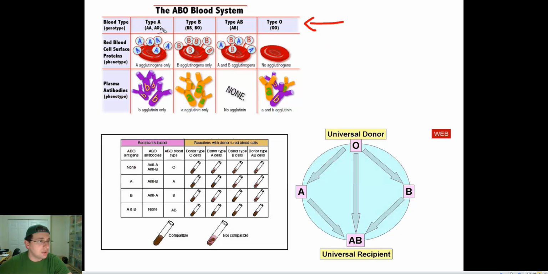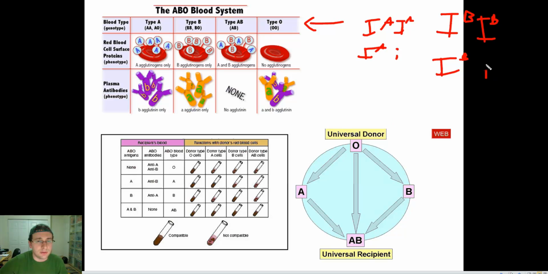Now let's talk about the genotypes that match those phenotypes. Notice that for the phenotype A, you can either have two of those I^A alleles, or you can have a big A with a little i, and since A is dominant over the O, this is also going to be an A type. For the B type, it looks exactly the same, so you can either be homozygous dominant for B, or you can be heterozygous with the B allele, and you're going to have the B blood type.